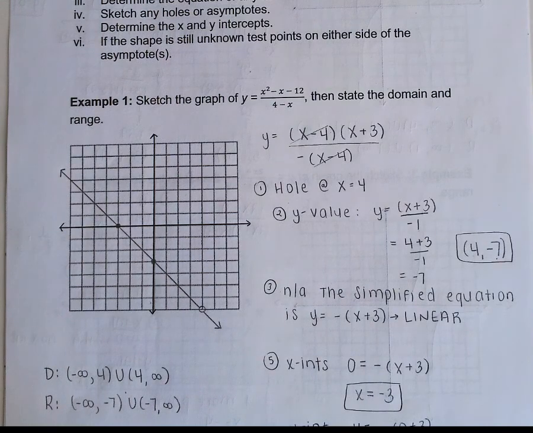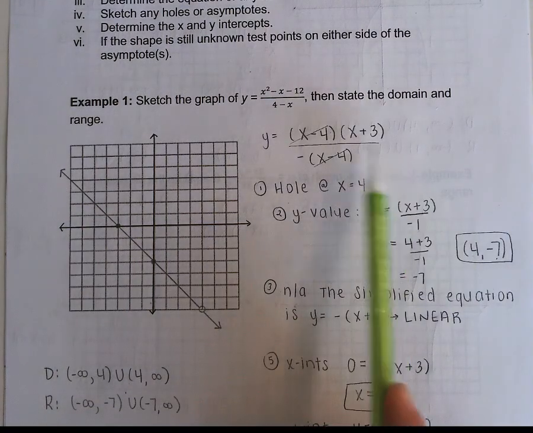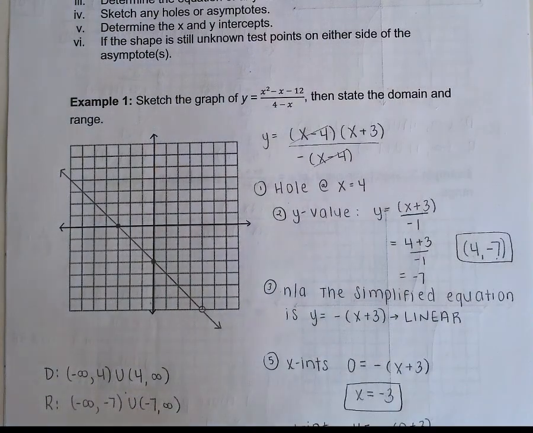Now, when I go to look for my horizontal asymptotes, I can see that the degree of the top is larger than the degree of the bottom. But in this case, when I simplify my equation, I'm just left with negative x plus 3, which is linear.